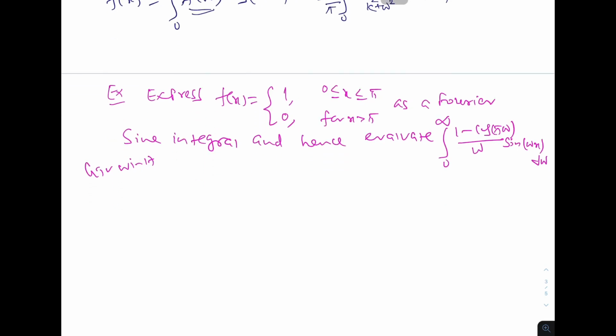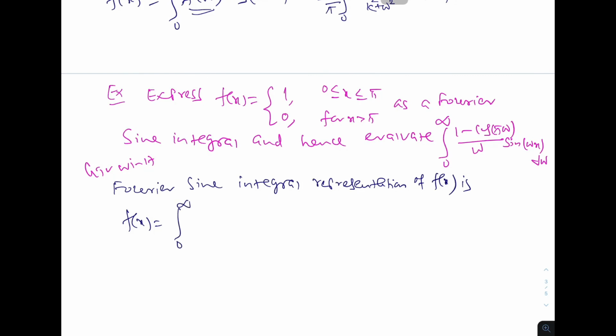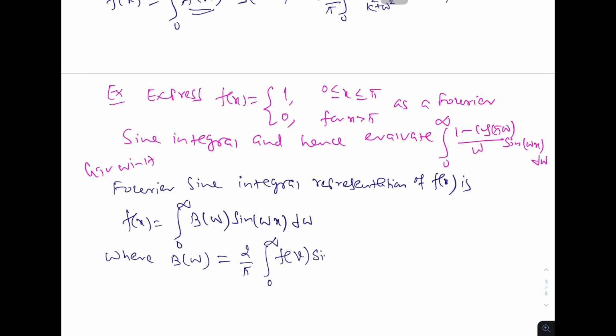So the Fourier sine integral representation of f(x) is given by f(x) equal to the integration from 0 to infinity of B(omega) sin(omega x) d omega, where B(omega) equals 2 by pi times the integration from 0 to infinity of f(v) sin(omega v) dv.